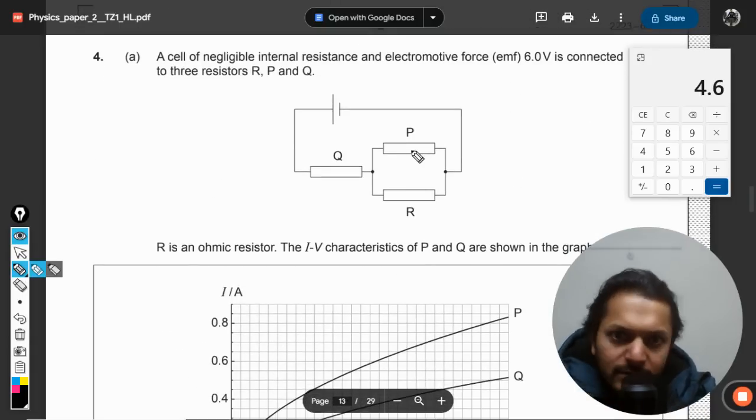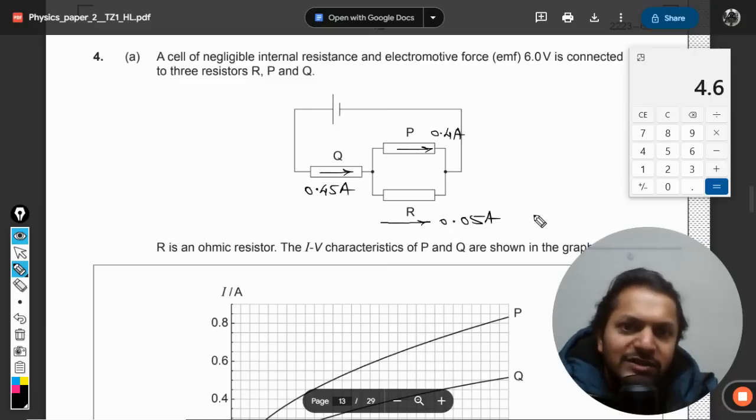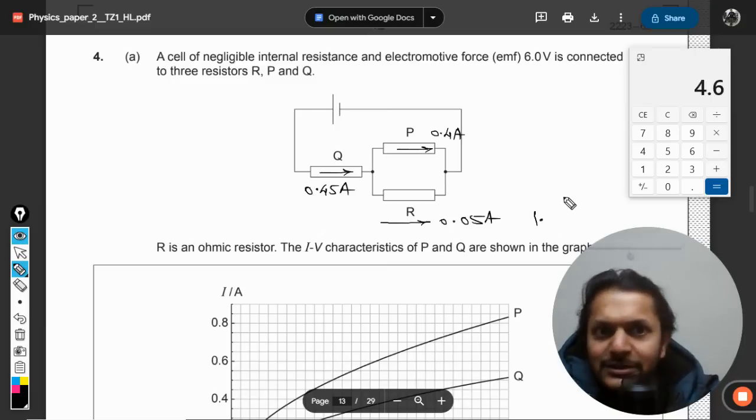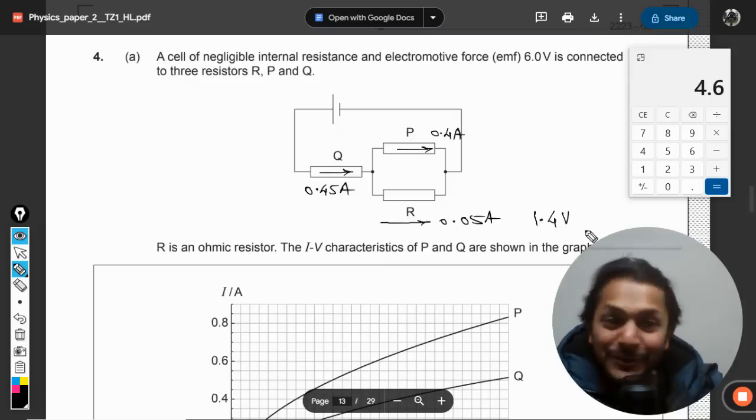So 0.4 and 0.45. So the current here is 0.05 ampere, and the voltage across this, I have forgotten that now. I think it was 1.4 volt.